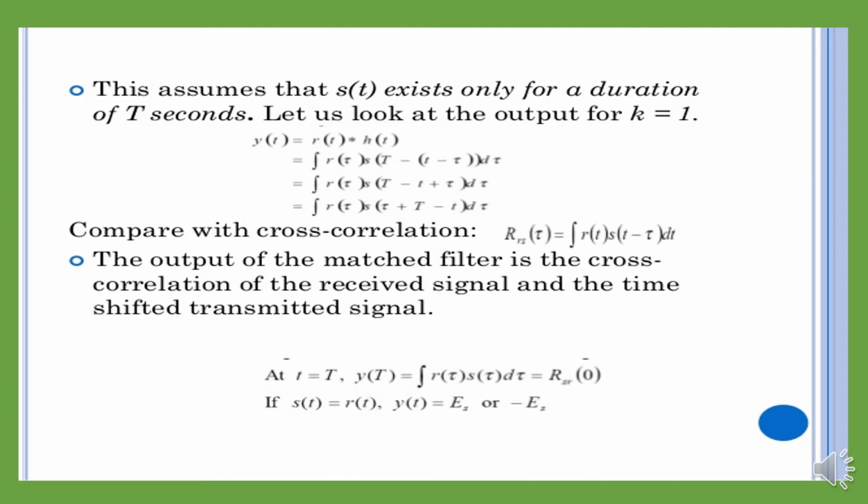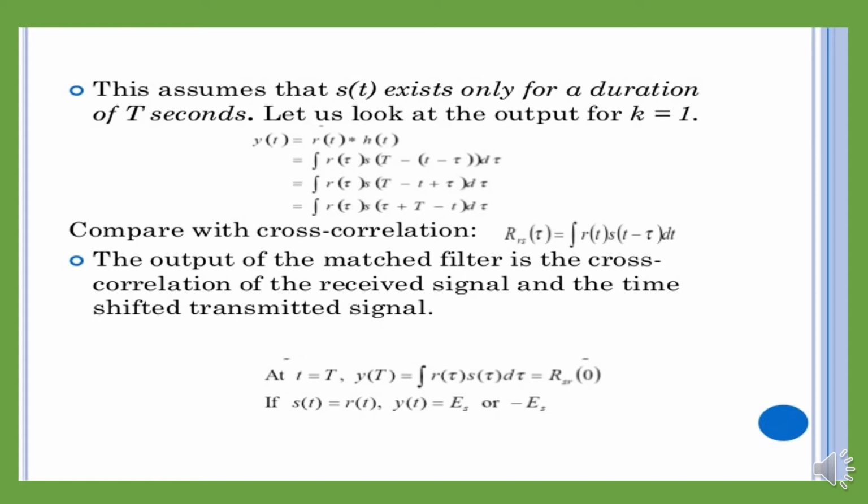Now you apply the convolution operation, you will see it is the integral of r(tau) s(T minus t plus tau) d tau, which is equal to the integral of r(tau) s(tau plus T minus t) d tau.